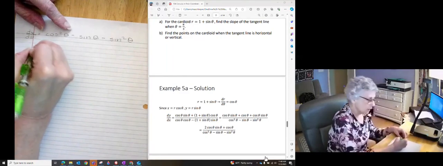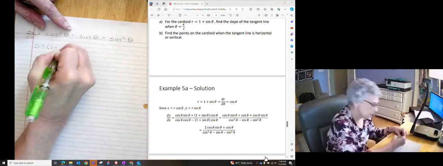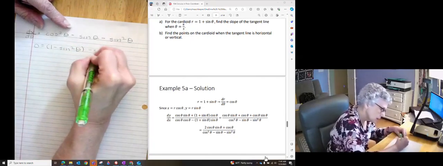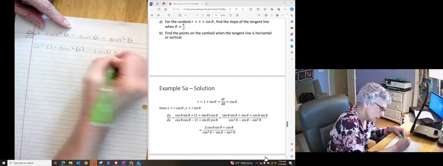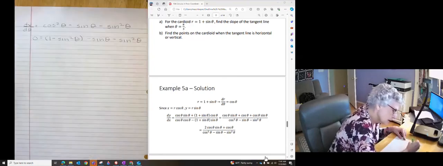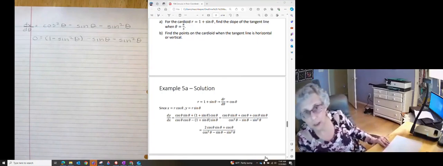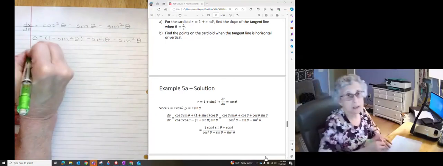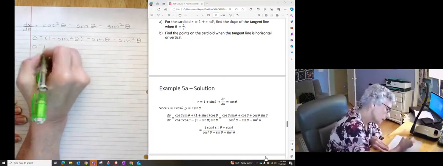So I'm going to replace this cosine squared with 1 minus sine squared of theta, minus sine of theta, minus sine squared of theta, because I need an equation that only has sines in it, so I got rid of this cosine.